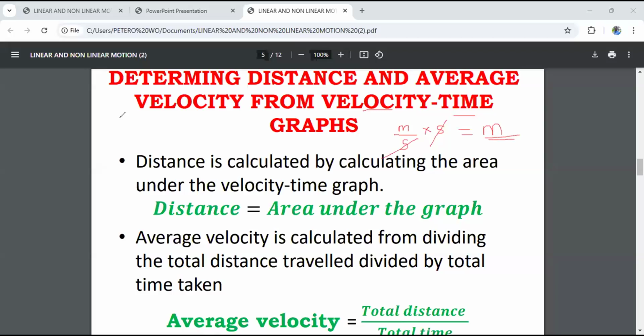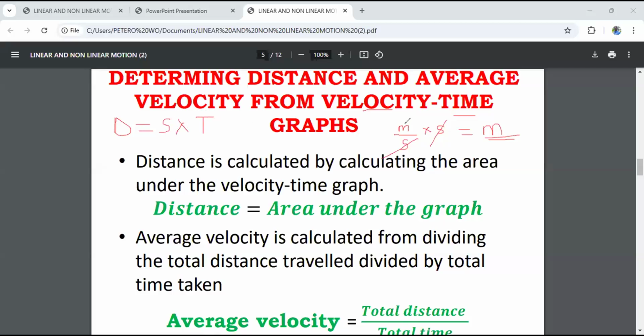And if you remember in our first lesson, we had it that for us to get distance, we get it from velocity times time.